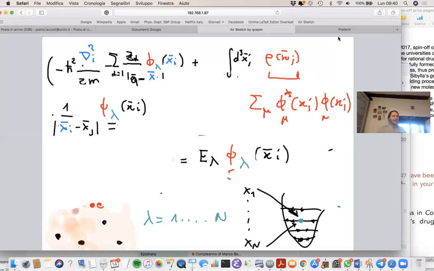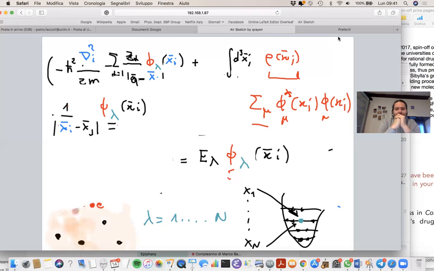So it looks like an unsolvable problem, because to solve for phi lambda, I need to know the sum, all of the phi mu. And then use this information that I'm looking for as an input for an equation that gives me all of the phi lambdas if I vary lambda from 1 to n.